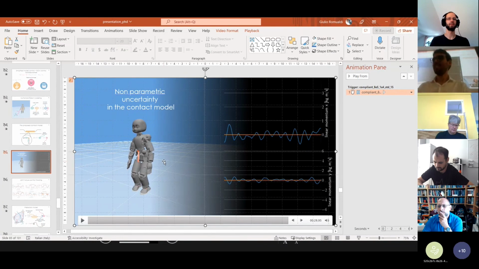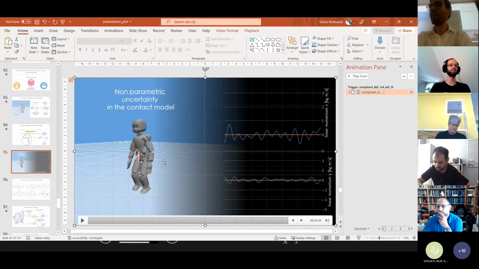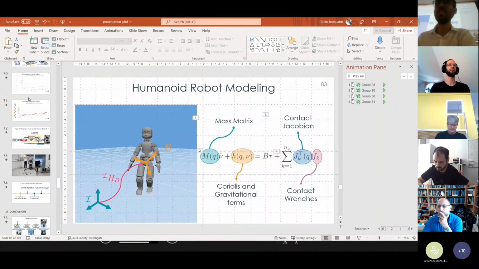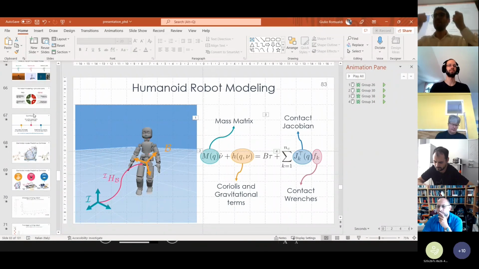In torque control, yes, because one of the outputs of the torque control scheme is the contact forces. When we lift the robot up, the foot doesn't touch the ground anymore, and it tries to move down as fast as it can. So basically, the contact model is then very wrong. Exactly.